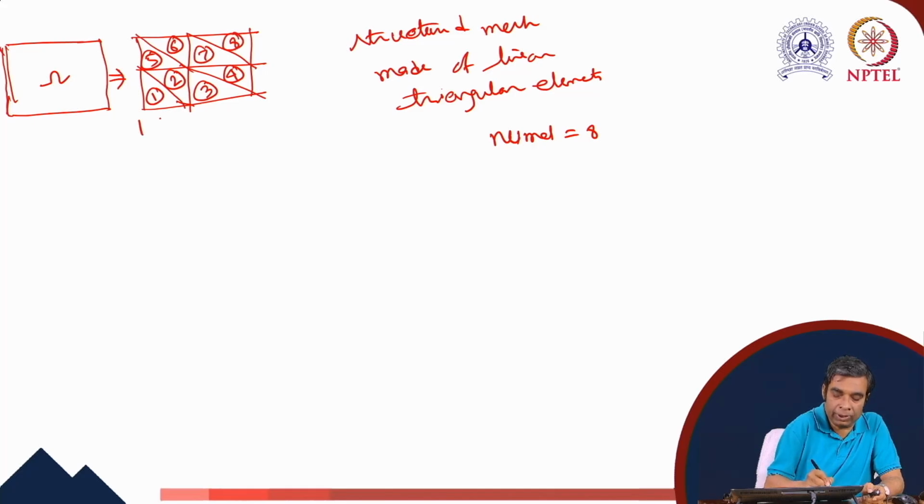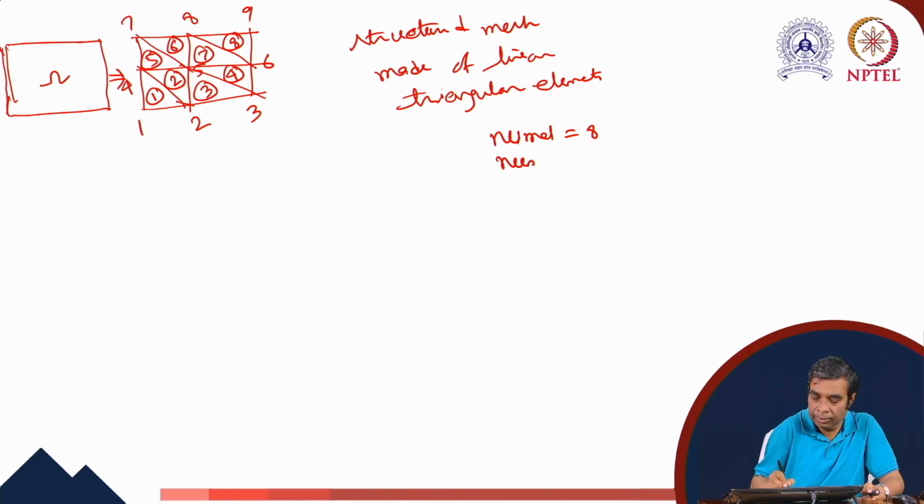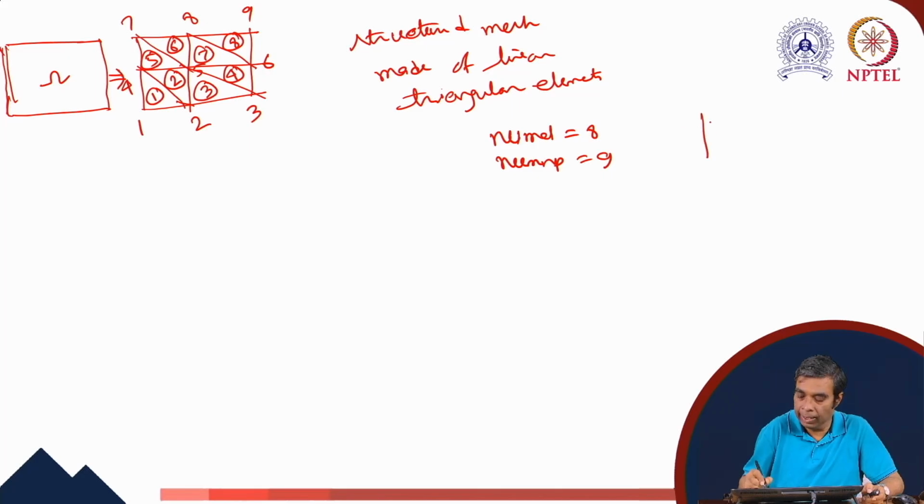And our global nodes are 1, 2, 3, 4, 5, 6, 7, 8, 9. So our NUMNP equals 9. For these triangular elements, we just do the local node numbering as 1, 2, 3.